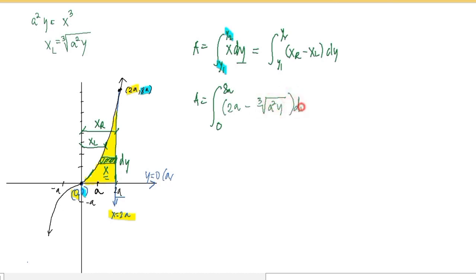This is dy. Okay. I-simplify muna natin yung mukha niya bago natin isolve para mas madali siyang tingnan. So, we have here 0 up to 8a. Then, we have here 2a. And this is a raised to 2/3. And this is y raised to 1/3.